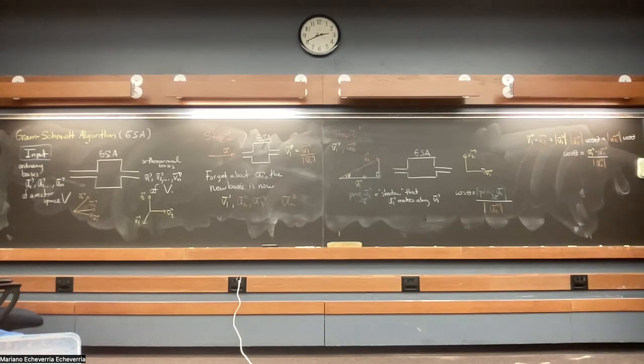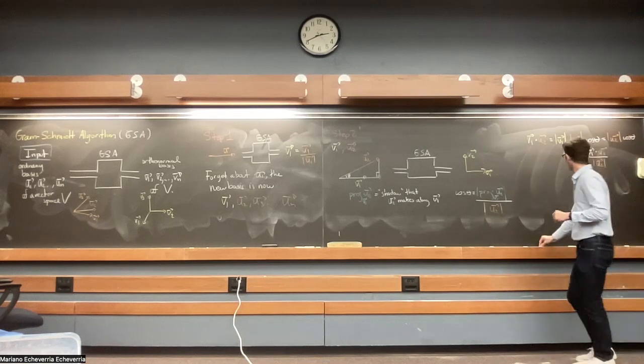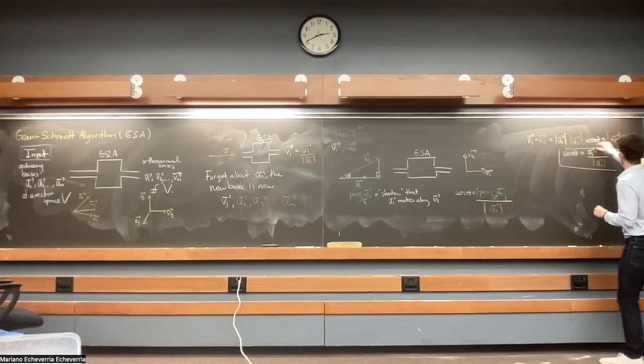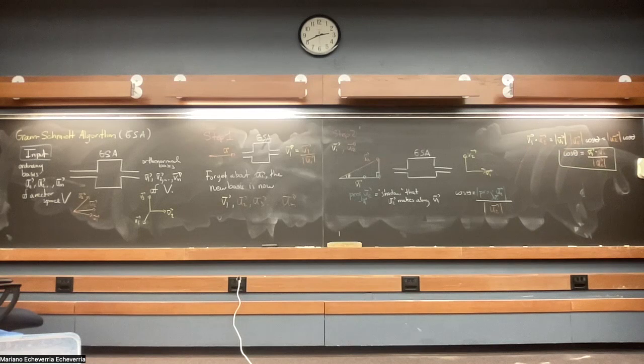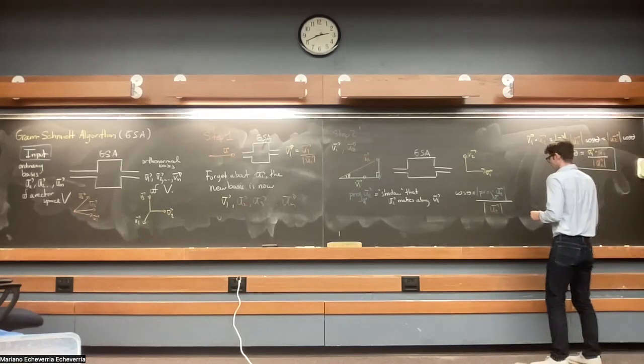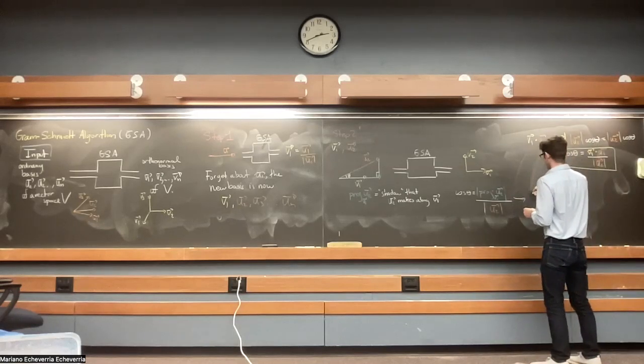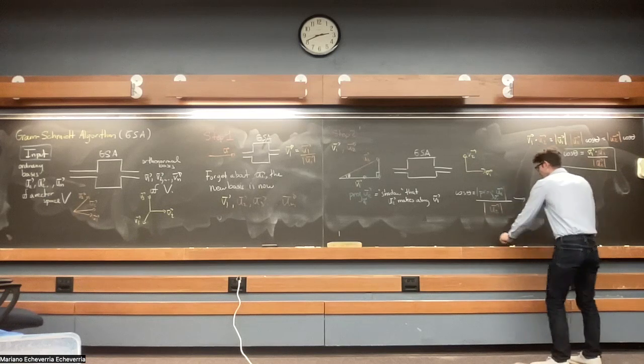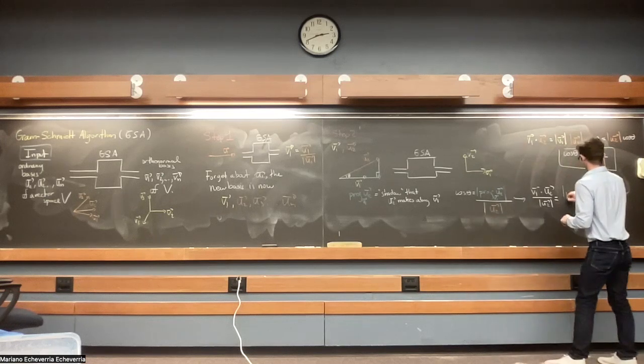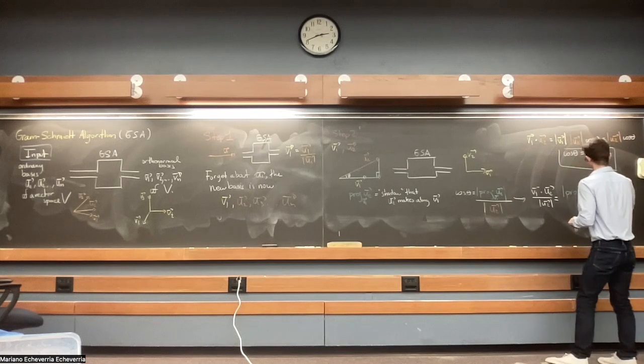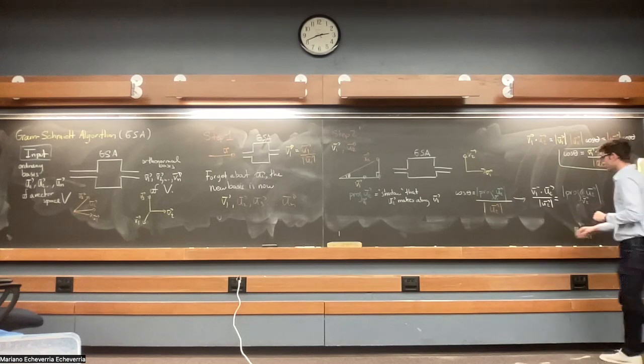Is that making sense? So if you replace that into here, cosine of theta is v1 dot u2 divided by the length of u2. That equals the length of the projection divided by u2.